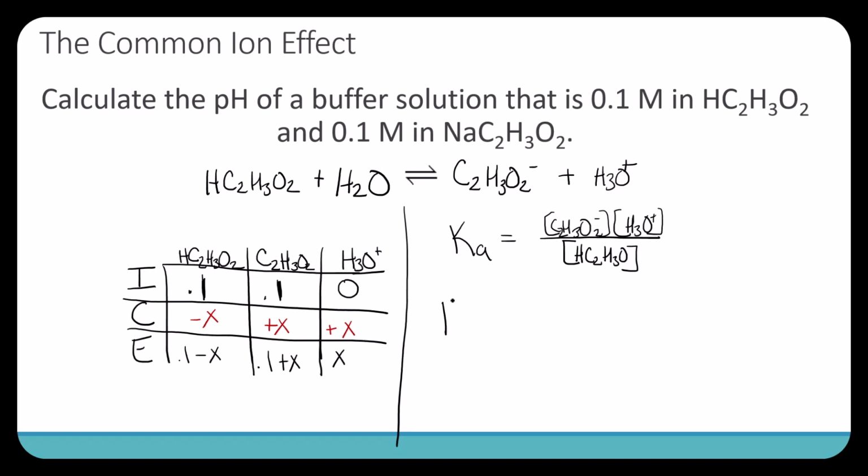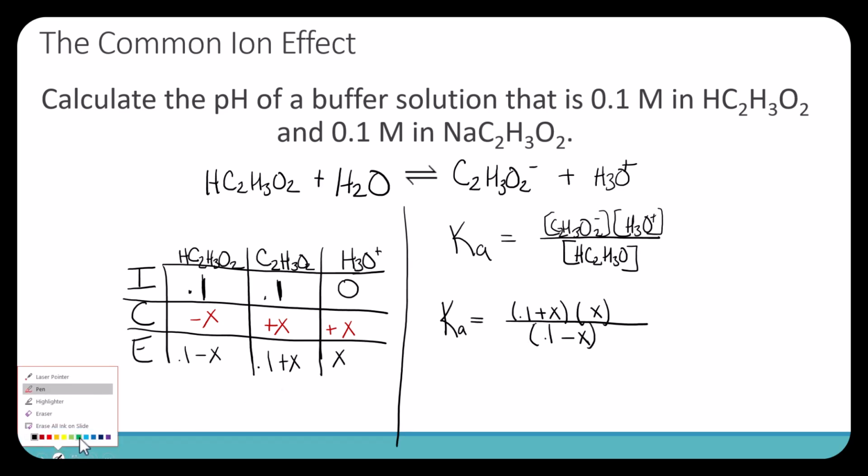I haven't given you the Ka value, but I want to talk about this other thing first, so let's just leave that as Ka for a moment. Now I'm going to plug in my concentrations at equilibrium, just like I've always done. For the acetate ion, it's going to be 0.1 plus X, and then hydronium is just X, and on the bottom we have 0.1 minus X.